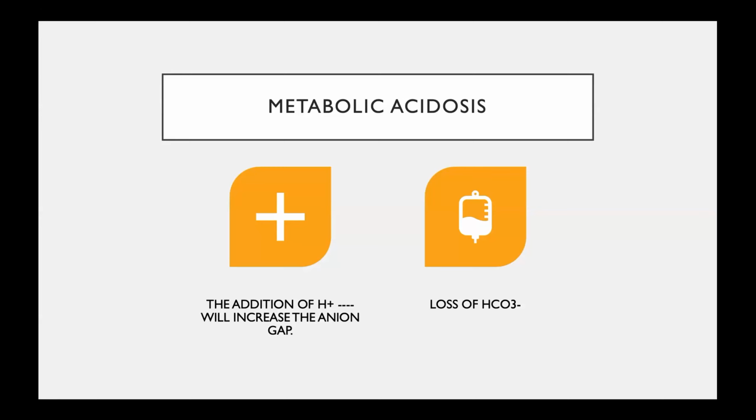Do you know what an anion is? Sometimes people drink hydrochloric acid, and then it happens. But generally, hydrogen ions are added to the body by organic acids, in diabetic ketosis, lactic acidosis, and so on. These we call anions. So by addition of anions, H plus is added to the body, which causes acidosis.